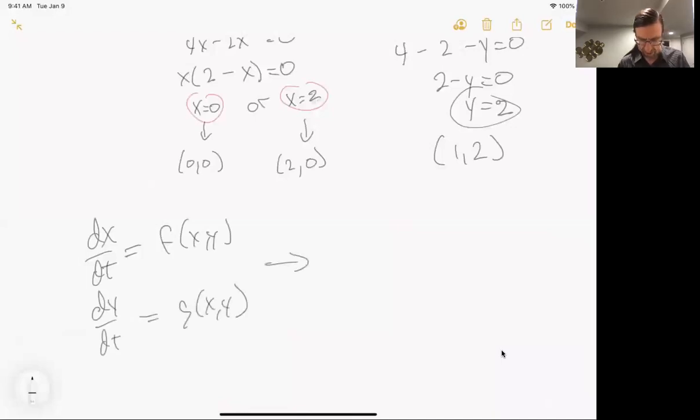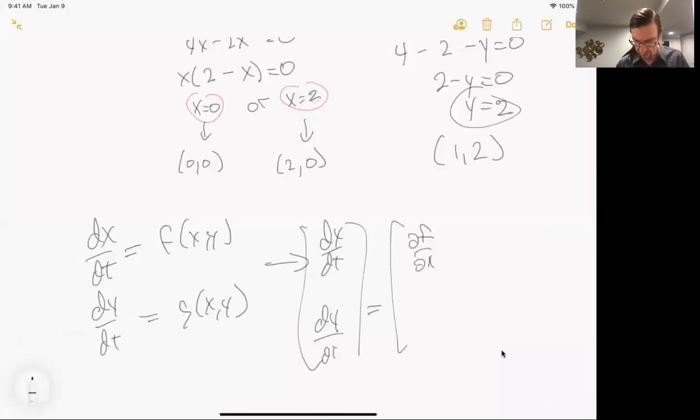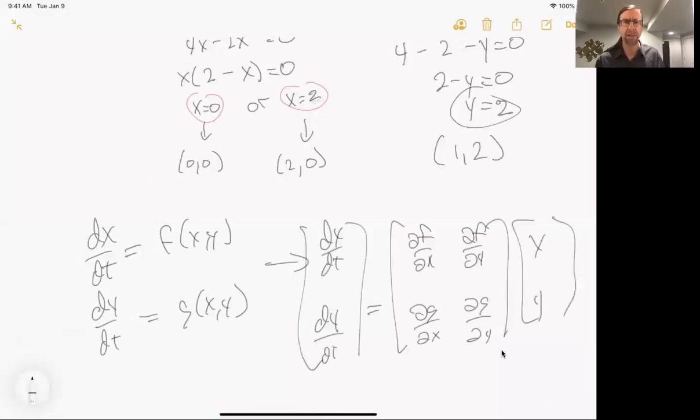We're going to replace this with the system dx/dt, dy/dt equals the four partials: partial f with respect to x, partial f with respect to y, partial g with respect to x, partial g with respect to y, times x, y. Okay, we're going to evaluate those partials at each of the equilibrium points. Okay, and then there'll just be a 2 by 2 matrix. So let's go ahead and do it.